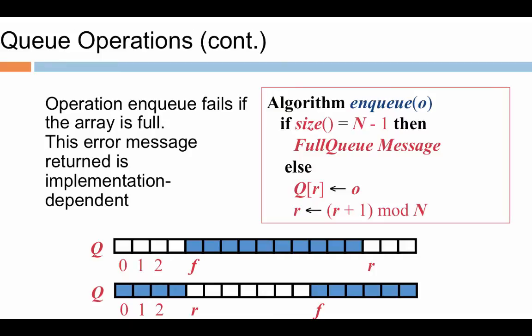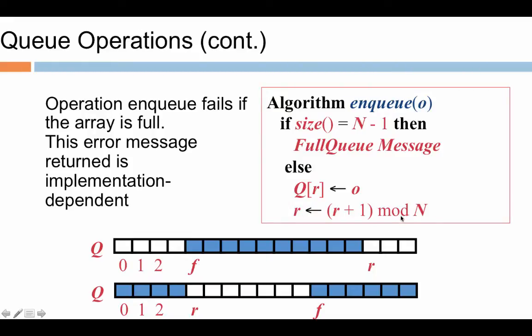Let us look at the enqueue operation. The enqueue operation says that if, sorry, there should have been a double equal to, but it doesn't matter, if the size of the array is n minus 1, then you say that the queue is full. Otherwise, you look at the rear element, insert the object into the rear element, that is in this location, and then increment the value of r to r plus 1 modulo n.